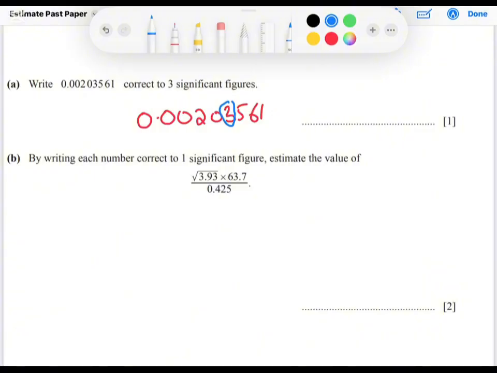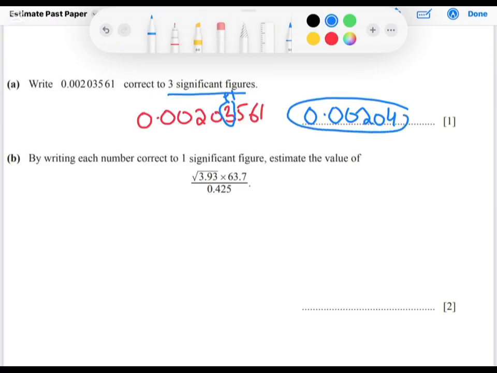So what I need to do right now is just add 1. Remember that when the number is bigger than or equal to 5, just add 1. So this will become 0.00204.